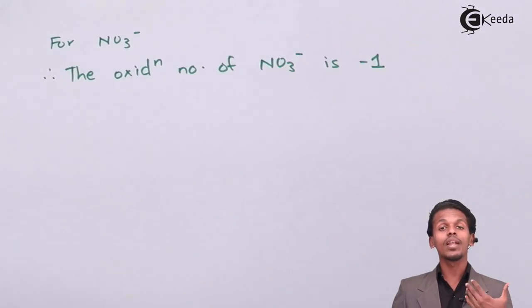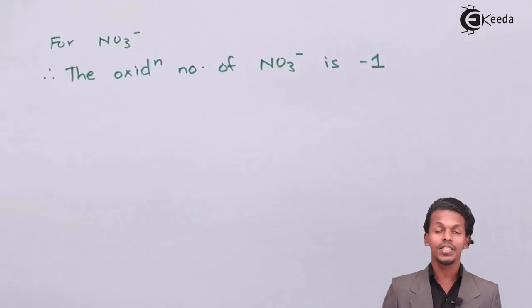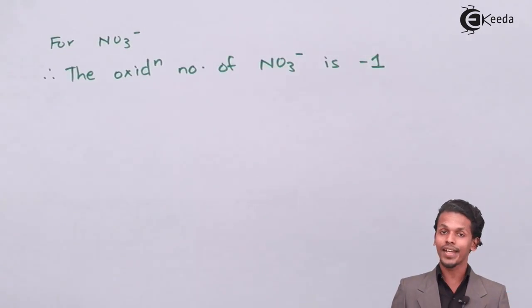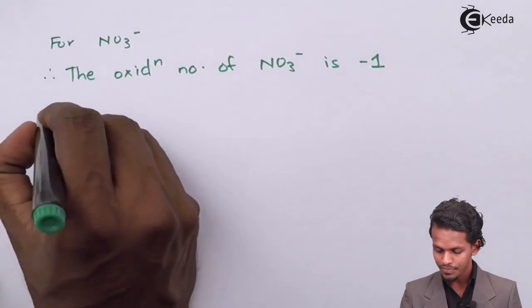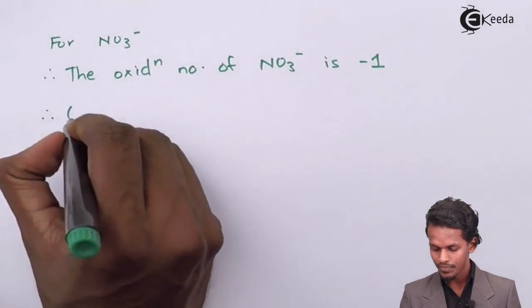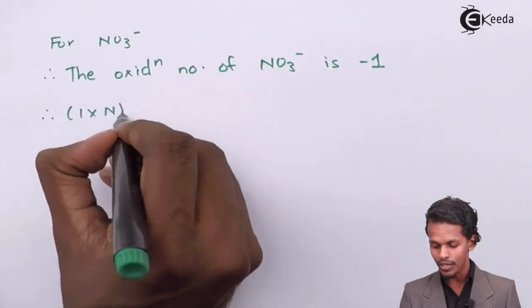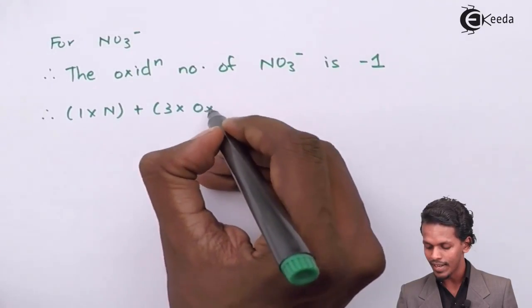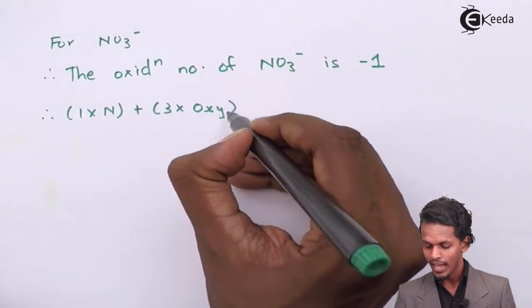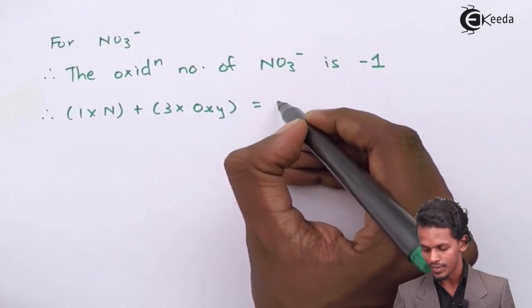But in this case, we have to calculate the oxidation state of nitrogen, because the oxidation state of oxygen is already known to us, that is -2. So I could write it as 1 into nitrogen, because nitrogen is present 1 time, plus 3 into oxygen, and the overall charge is -1.